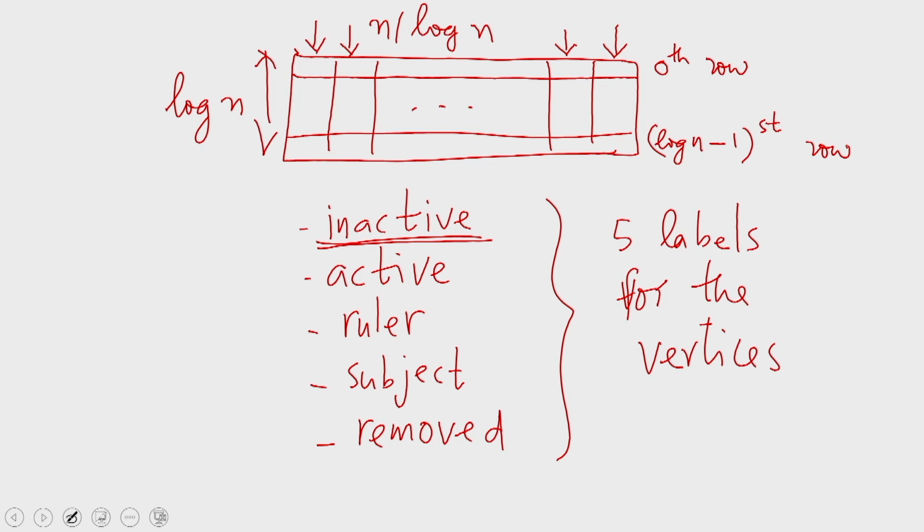Therefore, all these nodes become active. Every other node is inactive. So, at the beginning of the algorithm, there are only 2 labels in the array. Every node in the 0th row is active, and every other node in the array is inactive.